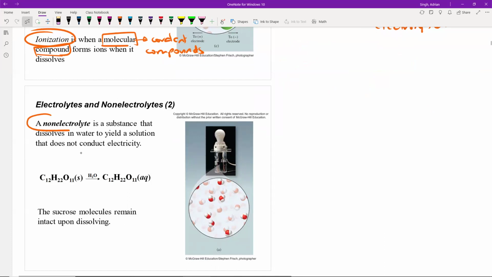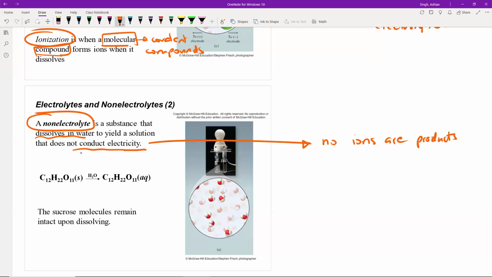They conduct electricity. We also have non-electrolytes. As you can imagine, a non-electrolyte does dissolve in water, but it does not conduct an electric current. What this means, by contrast, is that even though it dissolves, no ions are produced.